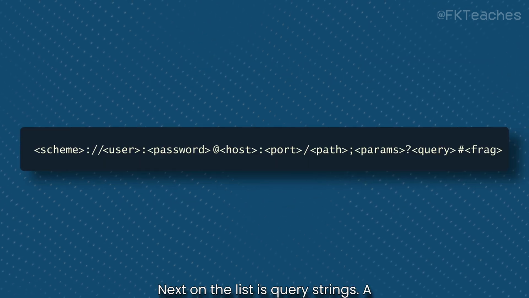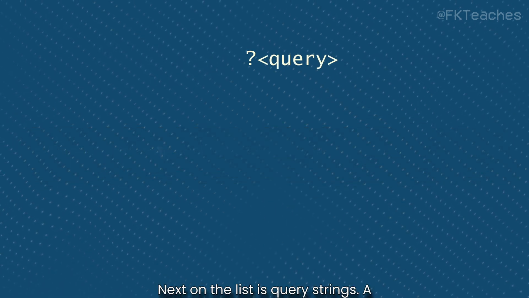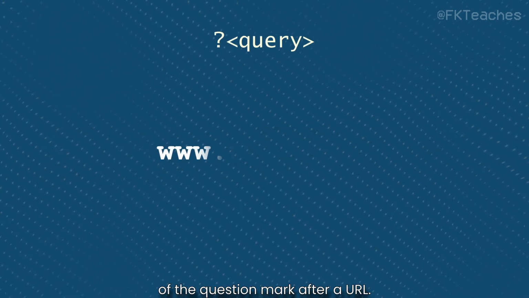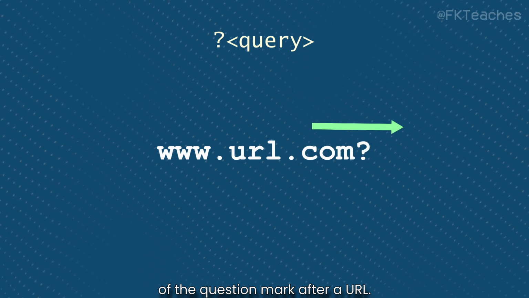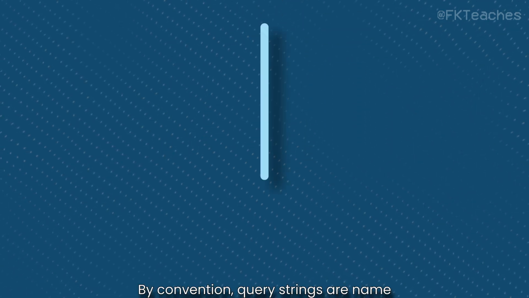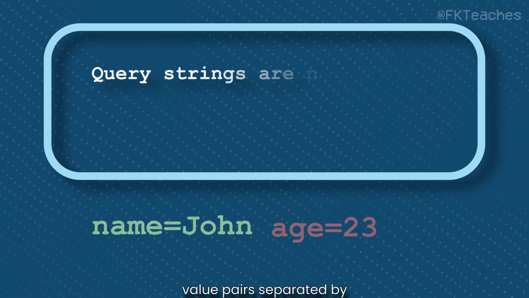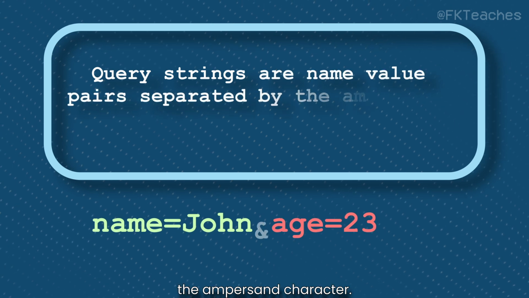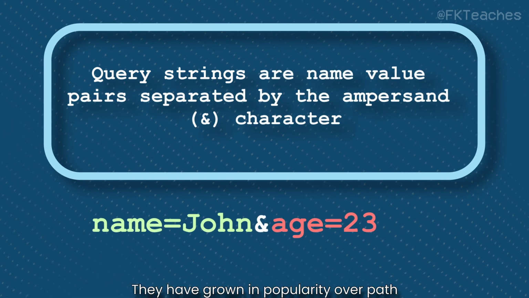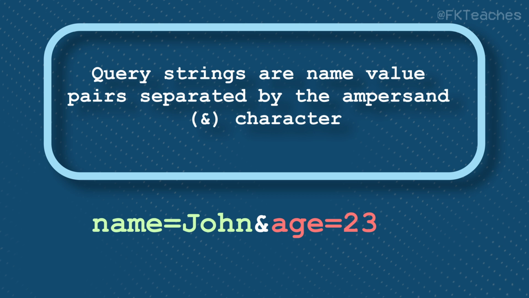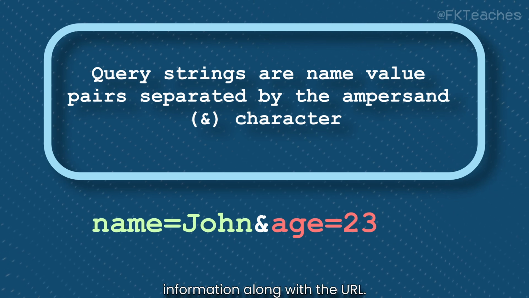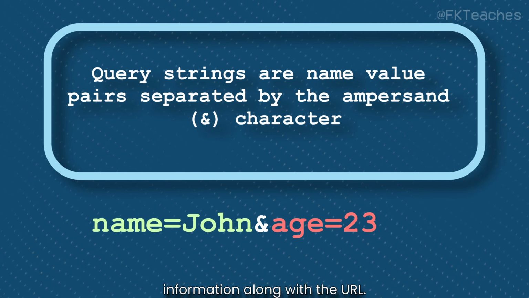Next on the list is query strings. A query string is everything to the right of the question mark after a URL. By convention, query strings are name-value pairs separated by the ampersand character. They have grown in popularity over path parameters for passing arbitrary information along with the URL.